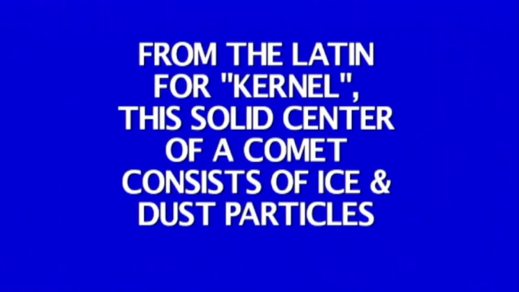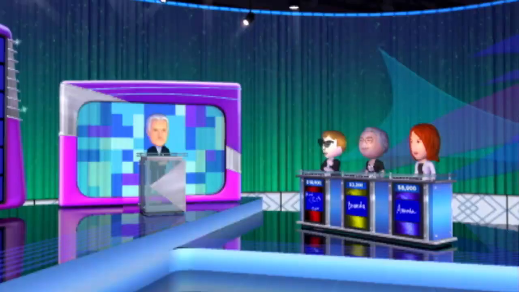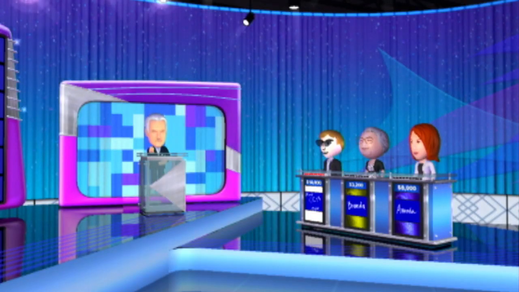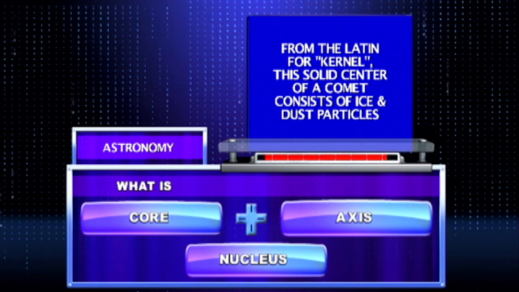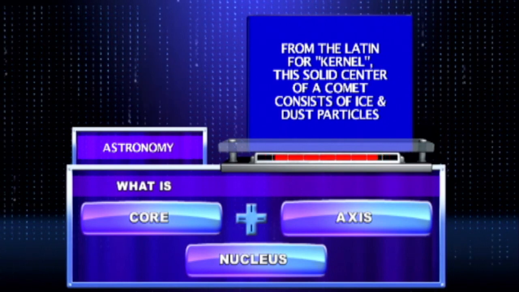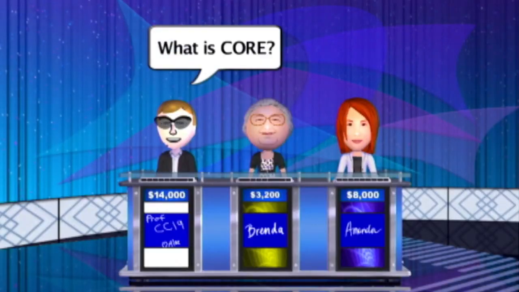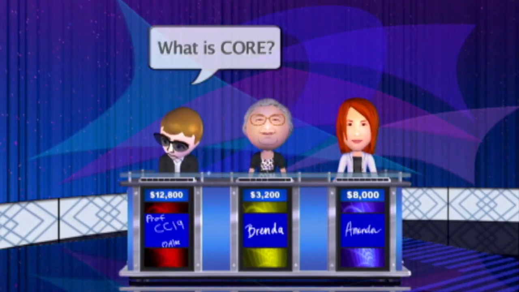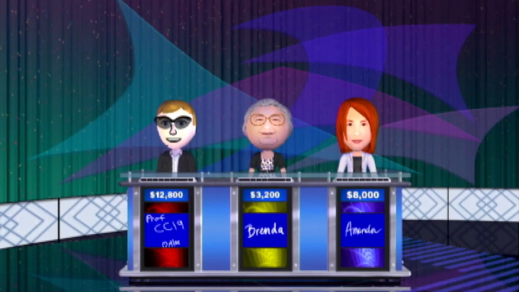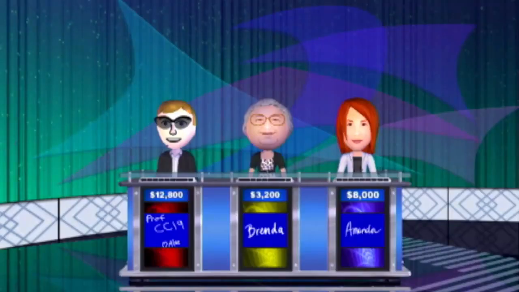From the Latin for kernel, this solid center of a comet consists of ice and dust particles. Player 1? Oh! Ooh, sorry. That's incorrect. Anyone else care to try to come up with a correct response?